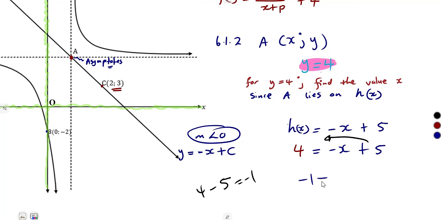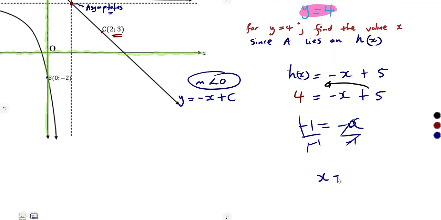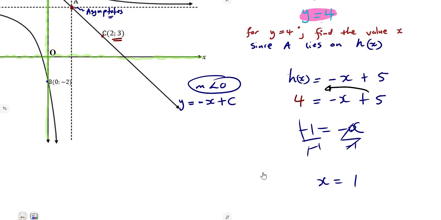So negative 1 is equal to minus x. In order for us to find the value of x, we're simply going to divide by negative 1 here. Negative, negative cancels. So therefore, our x is equal to 1 at that condition of our asymptotes.